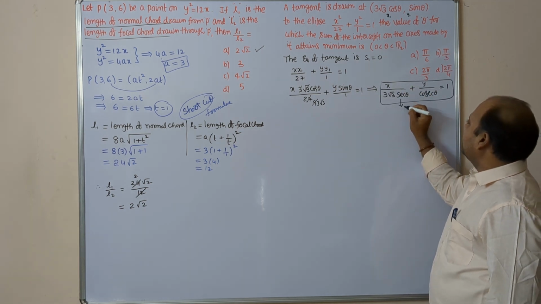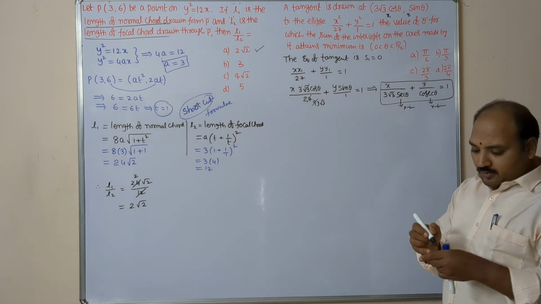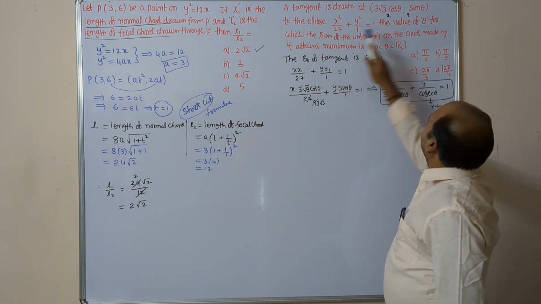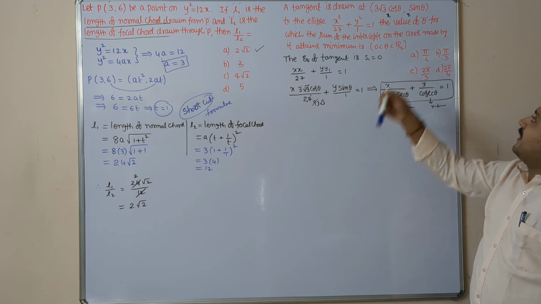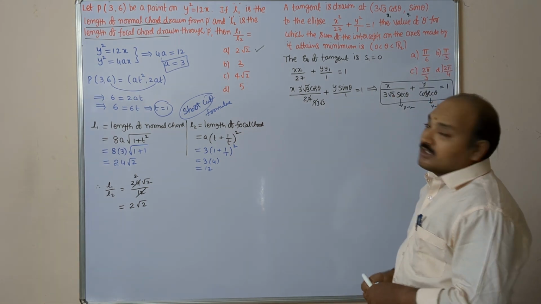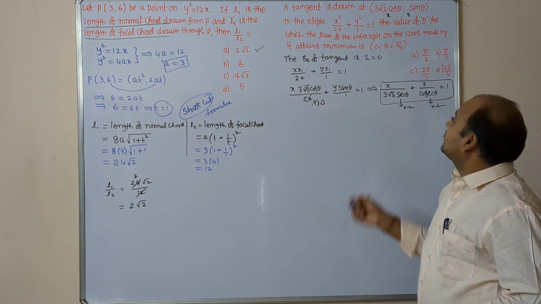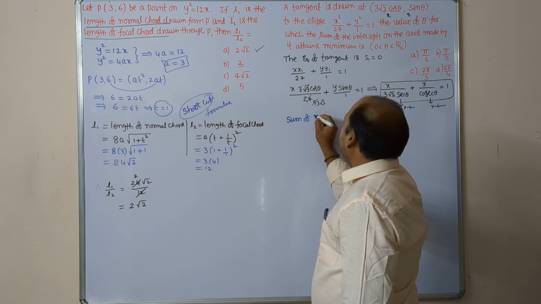This is the x intercept. This is the y intercept. Why am I converting into the intercept form? The value of theta for which the sum of intercepts on the axes made by the tangent attains minimum. Sum of the intercepts.